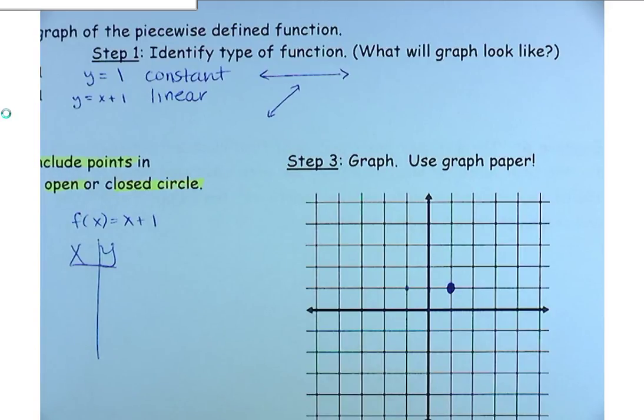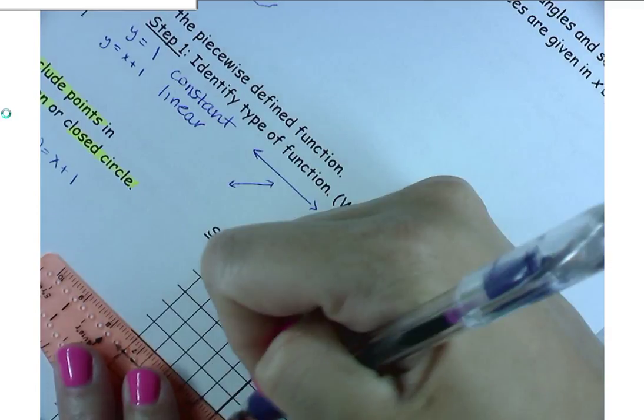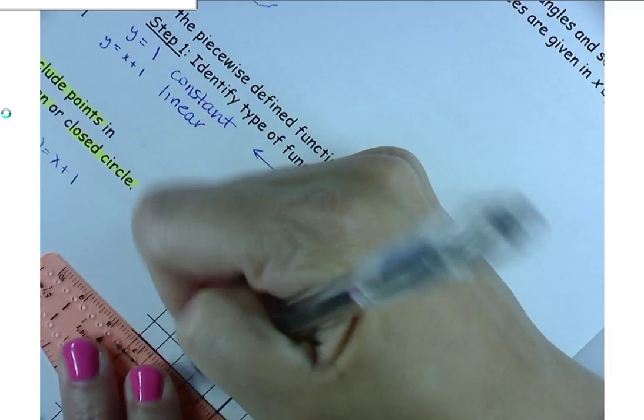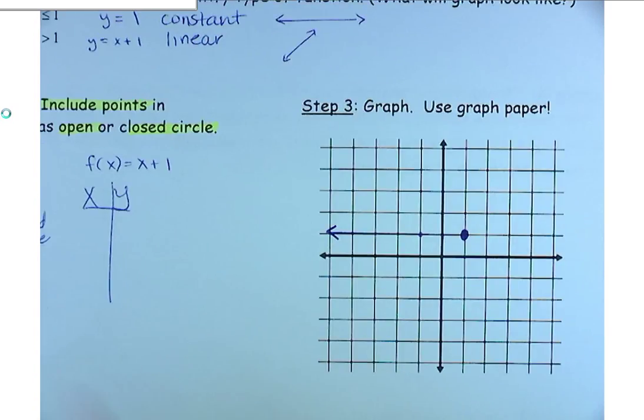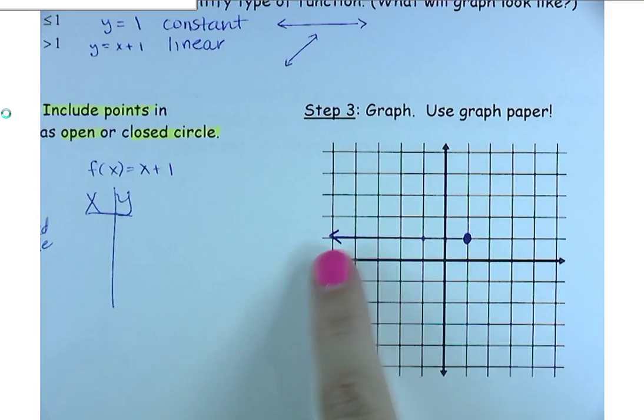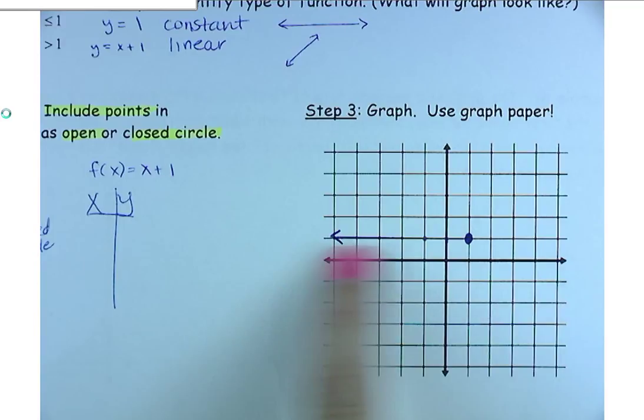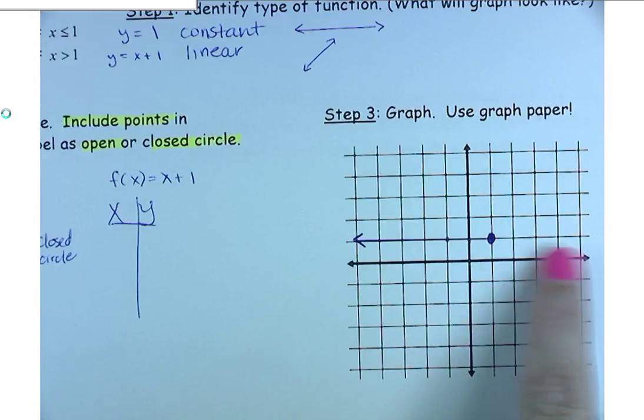But what's going to keep happening as I go to negative infinity with a constant? It's going to stay the same, right? Okay, so you just have to span your whole graph. So in order to span my whole graph, I just need to make that horizontal line going to the left, not to the right. So if this was just y equals 1, the whole entire line would be part of the graph.